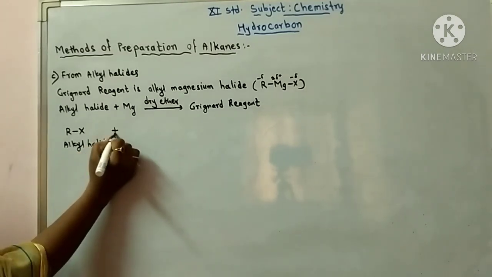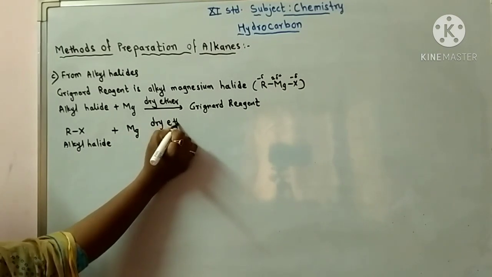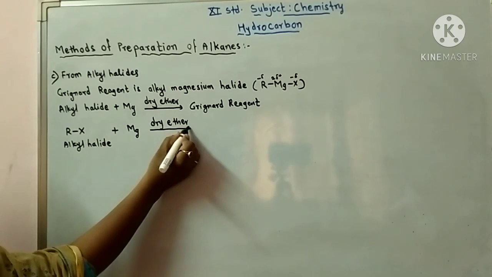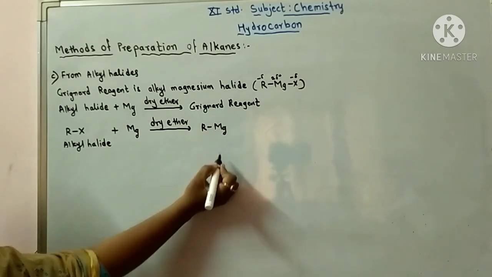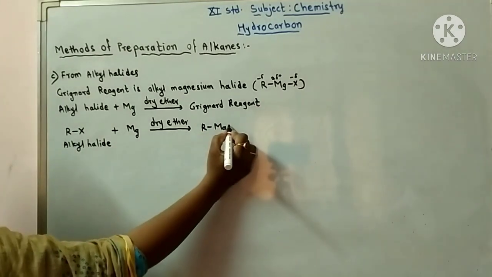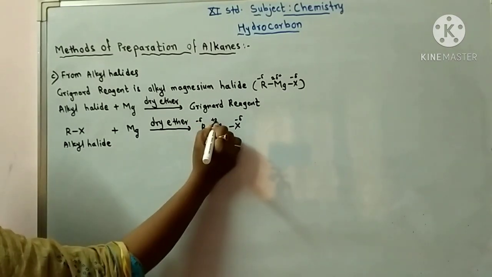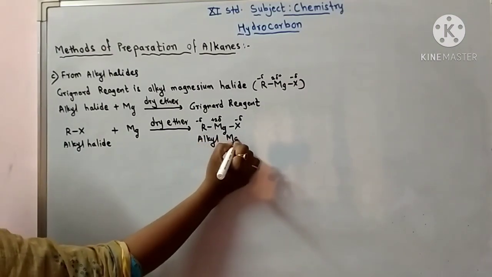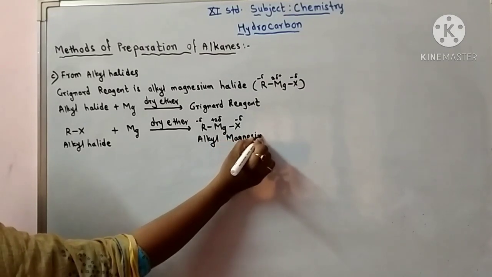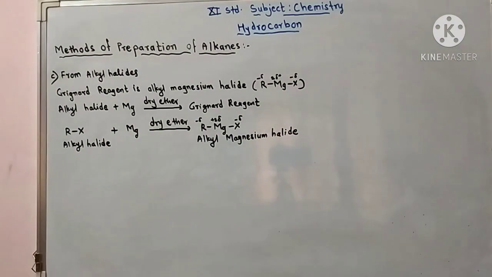When it reacts with dry magnesium metal in the presence of dry ether as a solvent, then this organometallic compound, where a carbon magnesium bond and a magnesium halogen bond are present, is obtained: RMgX, alkyl magnesium halide, known as Grignard reagent.